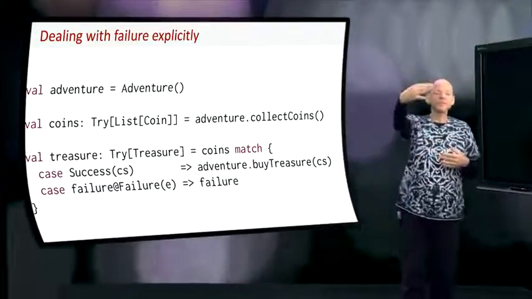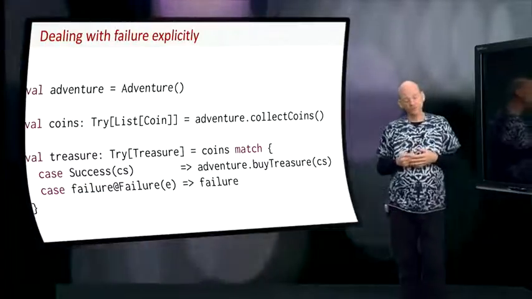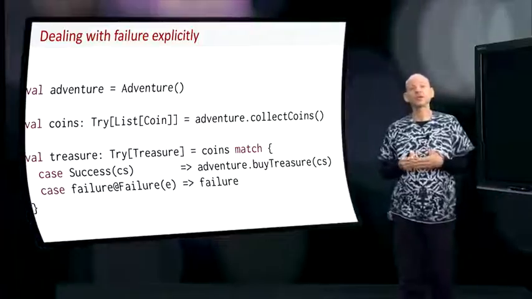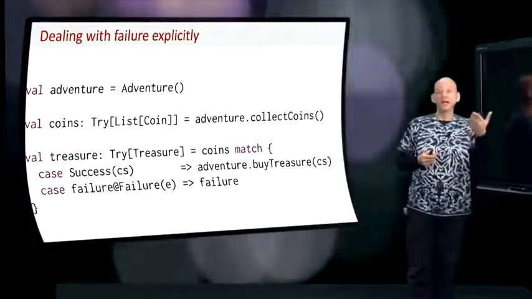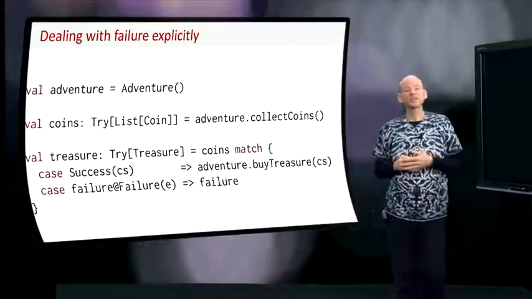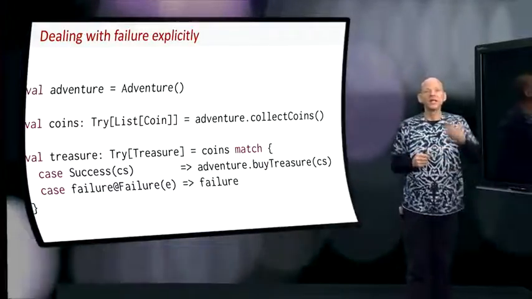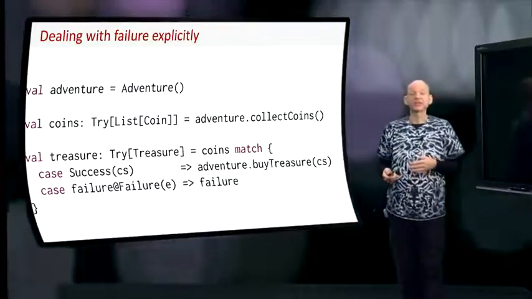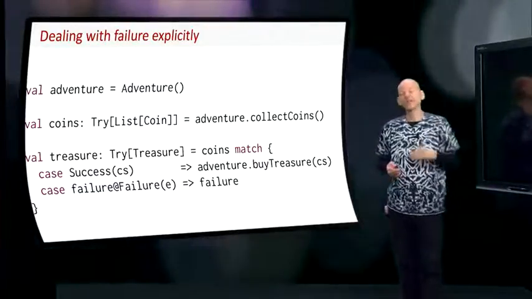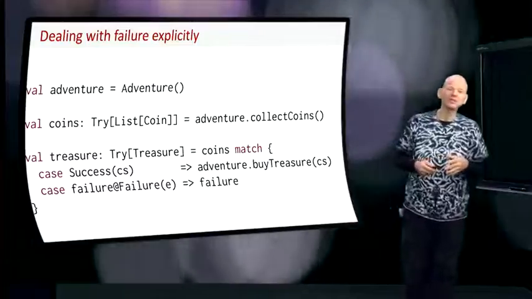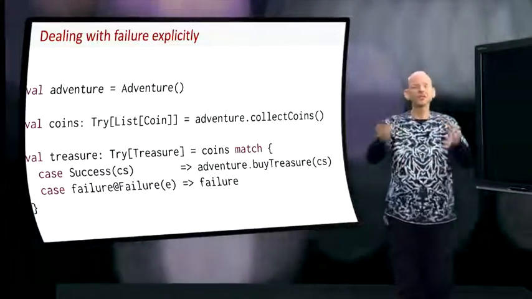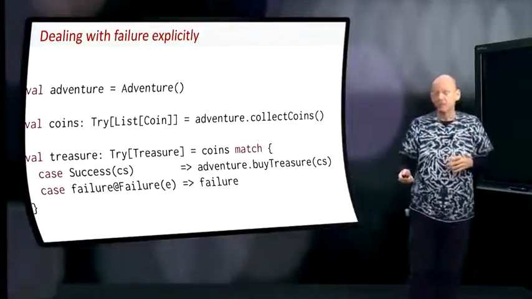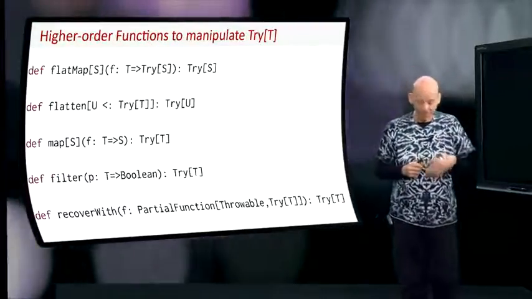So we are forced to use pattern matching, and when the call to collectCoins succeeded, then we can take out the list of coins and call buyTreasure, and when it failed, we just propagate the exception. But you see, this nice sequential composition of code is now all spoiled because there's now pattern matching and so on, and it doesn't look that nice anymore.